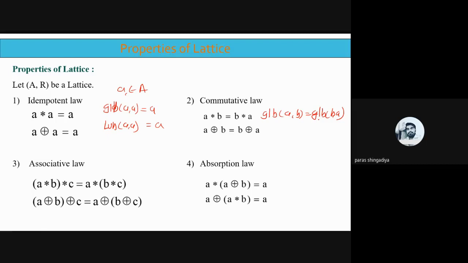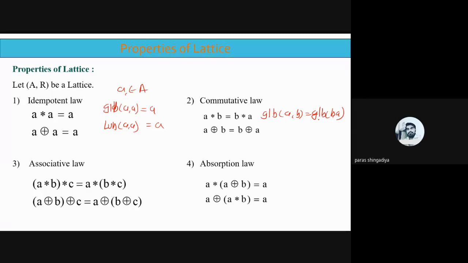Third is the associative law. In this, we are using three elements A, B, C, and it can be defined as bracket A star B, then star C, which is equal to A star bracket B star C. First you have to solve the bracket, and then use this answer with the outer element, and then check both paths.